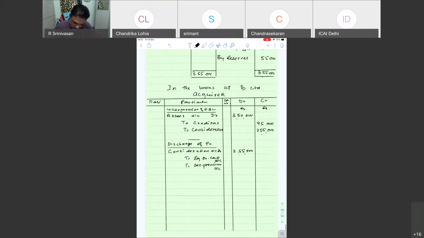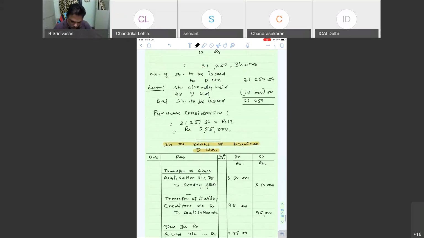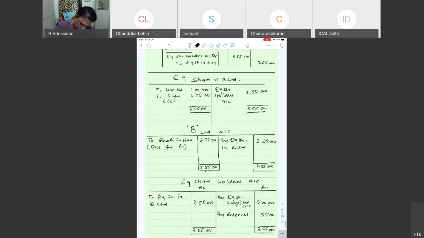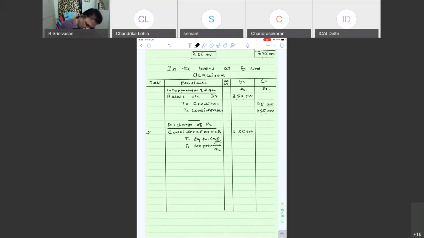How many shares have we issued? 21,250 shares we issued. 21,250 into 10. Because at 12 rupees we are issuing, 10 rupees is the face value and 2 rupees is premium. So how much will it come? 2,12,500 and this will be 42,500.